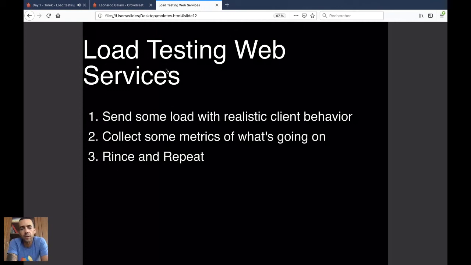So when you do some load testing, you need to have a user scenario you understand, and you want to send that to the web service to see how it behaves. Once this is done, you want to collect some metrics of what's going on, metrics that have to be collected on the server side, and you do that again and again until everything works as expected.